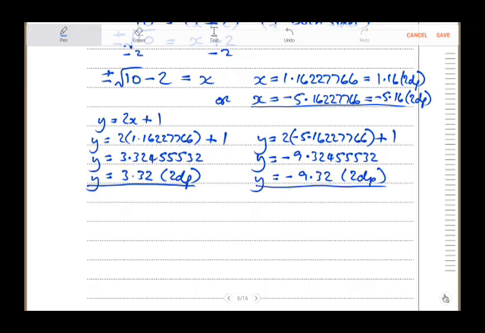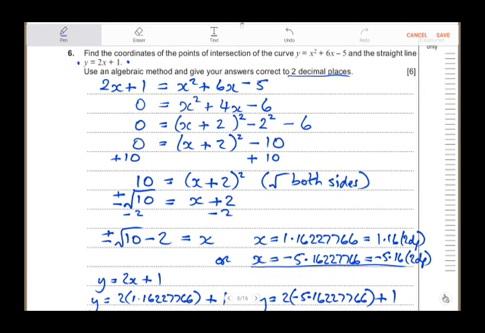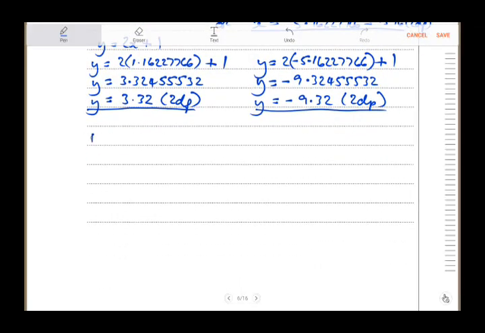Now, because they want the coordinates of intersection, just double check: find the coordinates of the points of intersection. I'm going to write them as coordinates. So the points of intersection are, well, the first one we got 1.16 and 3.32, because when I used 1.16227766, I came up with 3.32.